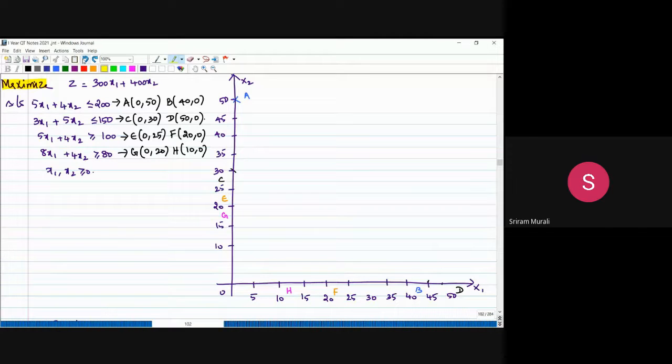So what is the first line? AB. So AB is 0, 50, 40. So AB.